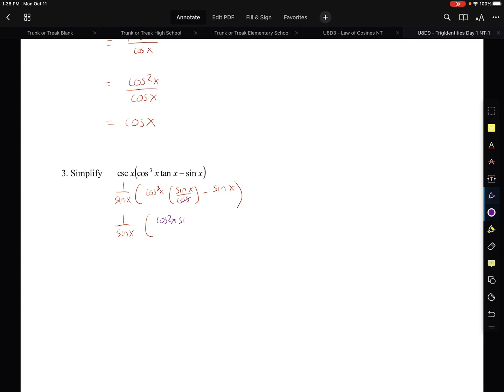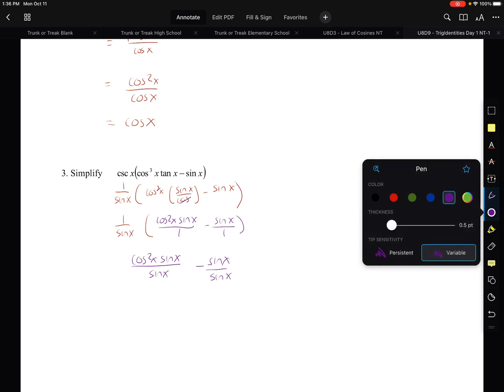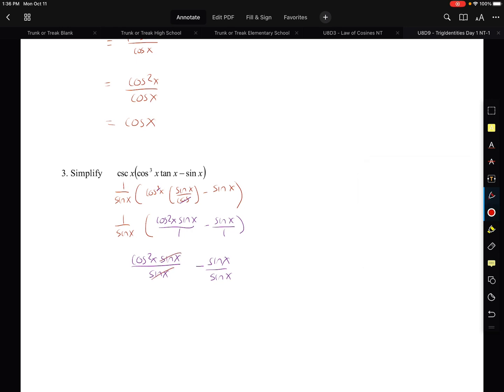So I got cos squared x over sine x. Now it's over 1 minus sine x over 1. So if I distribute cos squared x over sine x minus sine x over sine x. Okay, so I can do some canceling. Gone, gone, gone, gone. Cos squared x minus 1.